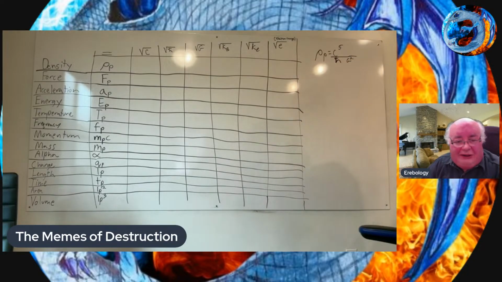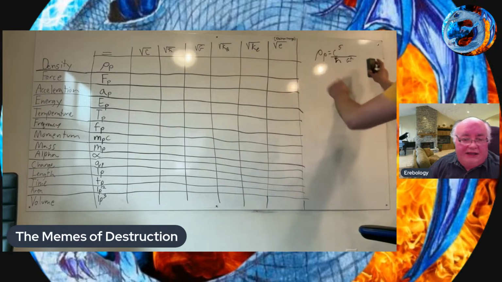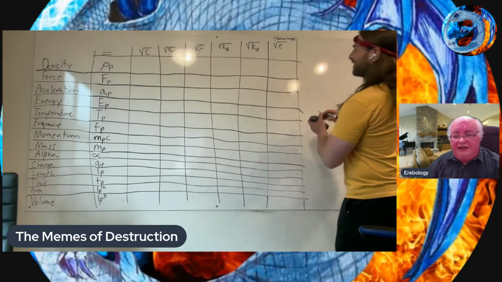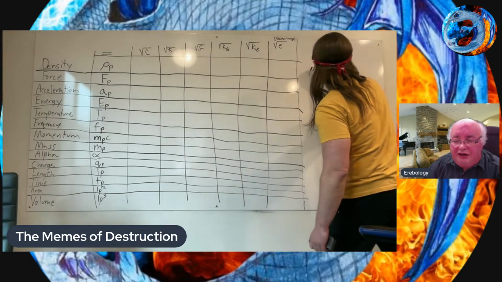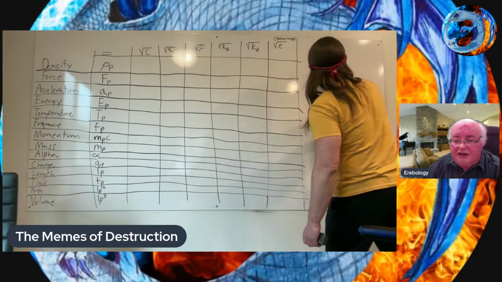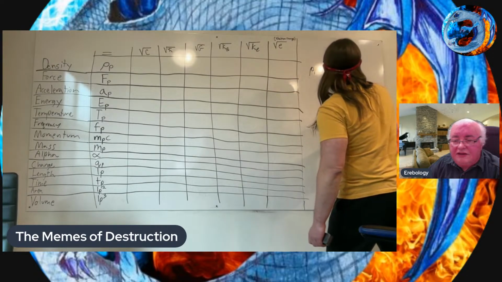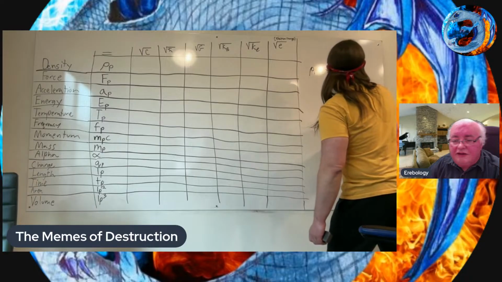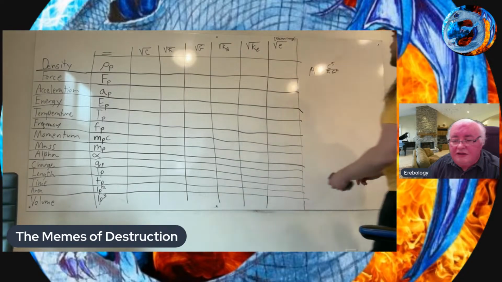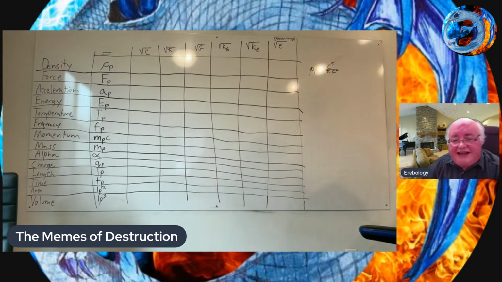So now that you see that expression, c to the 5th over h bar g squared, let me move this down. Just radical c. So big P equals c to the 5th over h bar big G squared. Okay, got it.